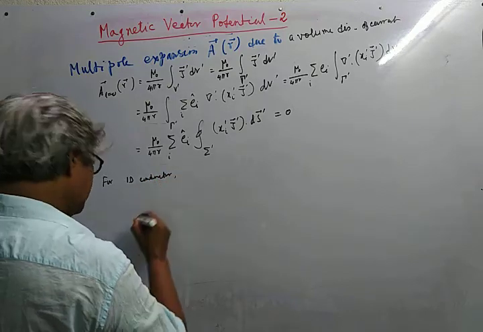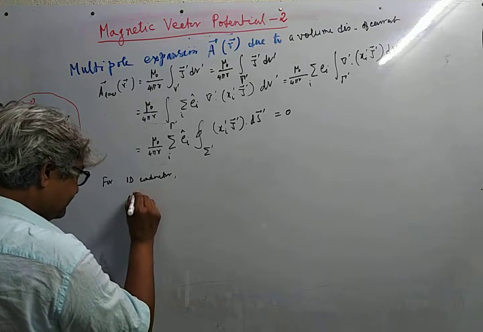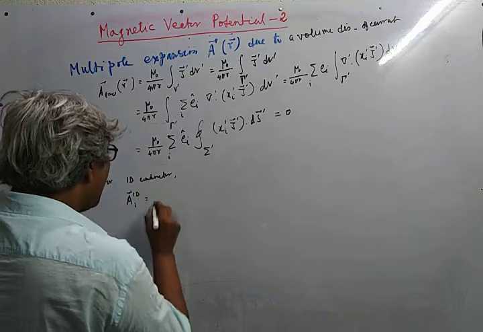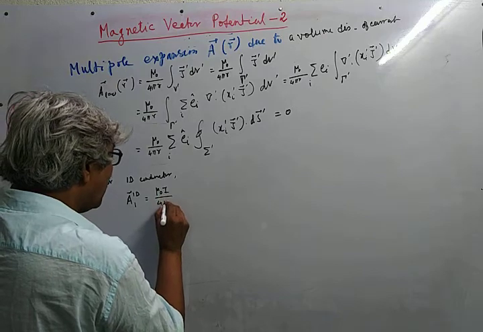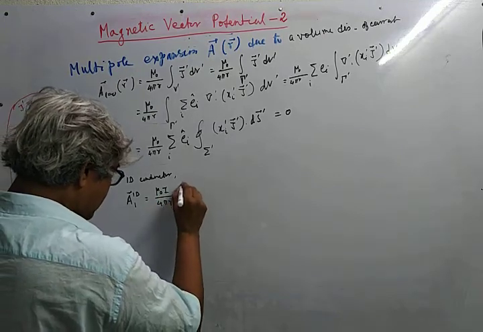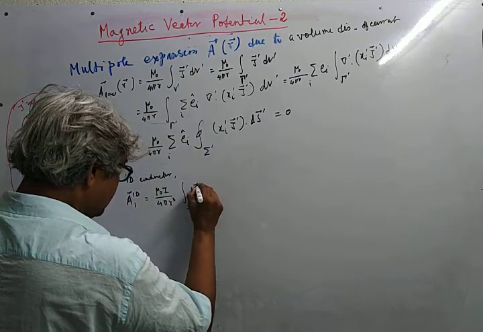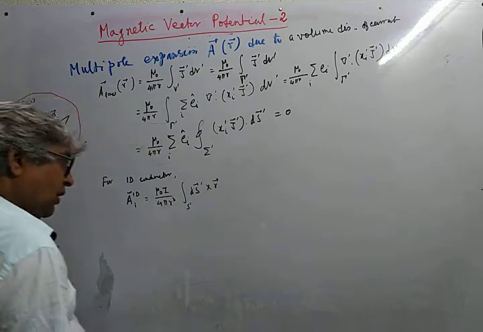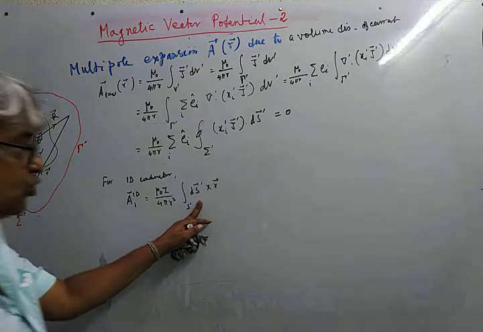The dipole term for a 1D conductor was mu 0 I upon 4 pi r cube, where ds is the area formed by the loop.